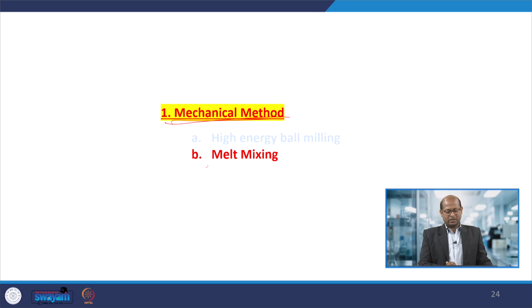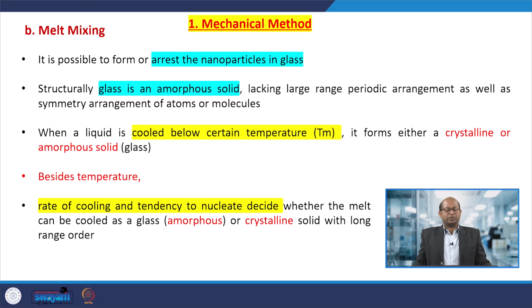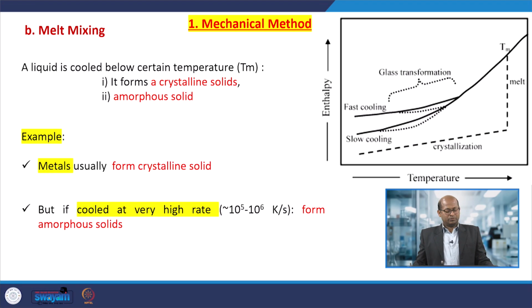So next is melt mixing. This is another mechanical method by which we can prepare nanomaterials or nanocomposite materials. Here, suppose we have solid materials. Initially they were crystalline solids.